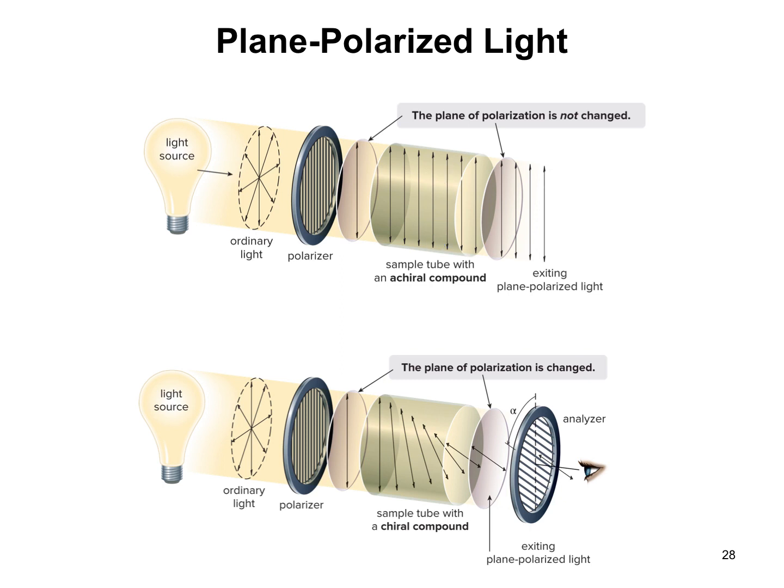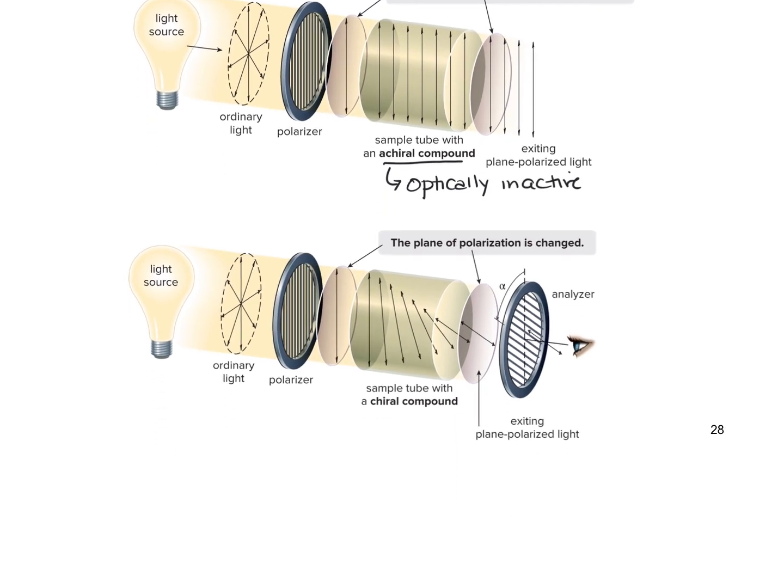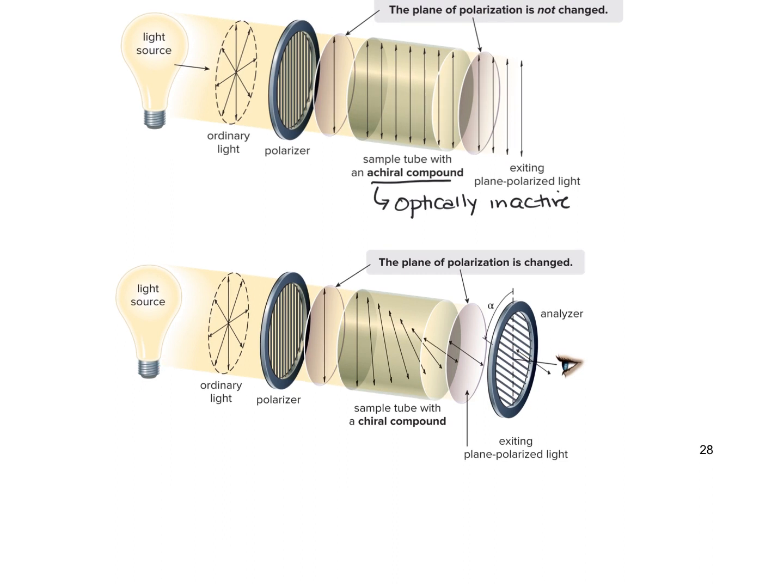And what we find is that if you put an achiral sample into the polarizer, the compound does not change the plane of polarized light. Okay, so when we have an achiral compound and it doesn't change the plane of polarized light, we say that's optically inactive. Then, if you look here by contrast, we have the same setup, but now we have a chiral sample.